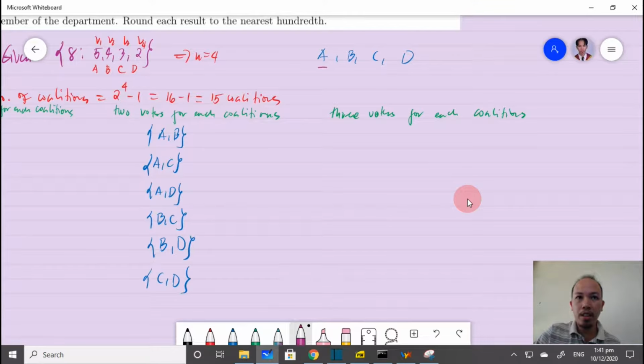First, pair A and B, and then you put C here.